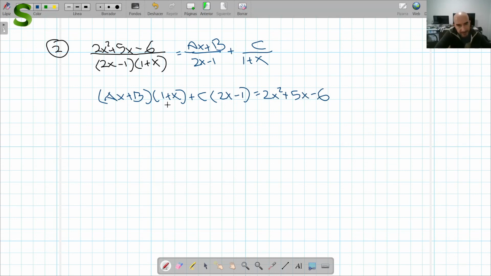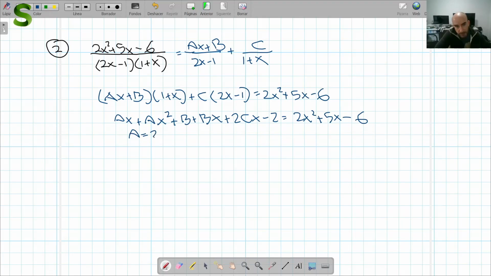So that means ax plus ax squared plus b plus bx plus 2cx minus c equals 2x squared plus 5x minus 6. And now I'm going to equate terms. So there's only one ax squared. So that means that a equals 2.